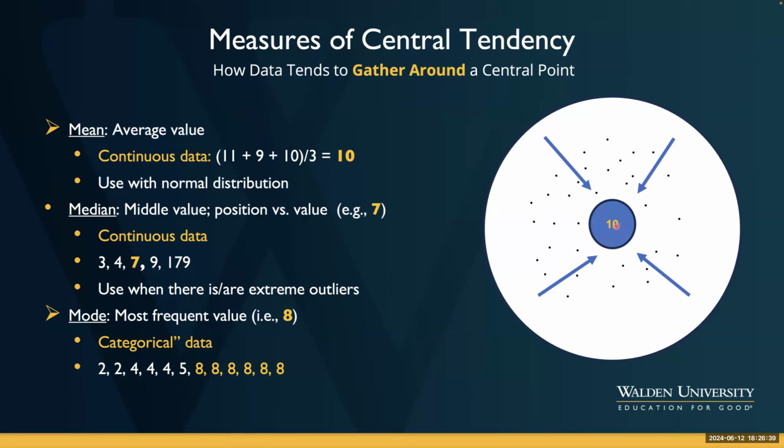Does that concept make sense, that you have to understand the data to understand what's the appropriate central tendency? Okay, so normal distribution, the mean; we have an extreme outlier, we report the median.